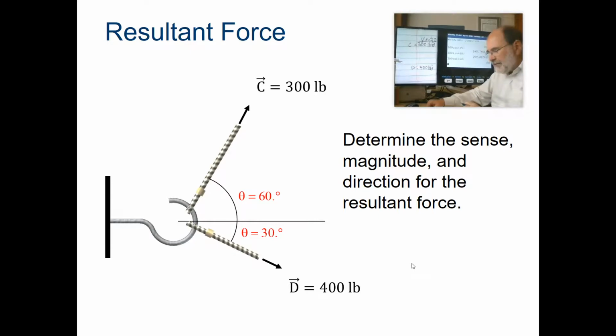I have a calculator. Let's just use it. So 400 cosine negative 30 degrees, enter, and it says 346.1 pounds. And you're asking, well, where's the minus sign? Actually, it says 346.41. So 346.4 pounds.